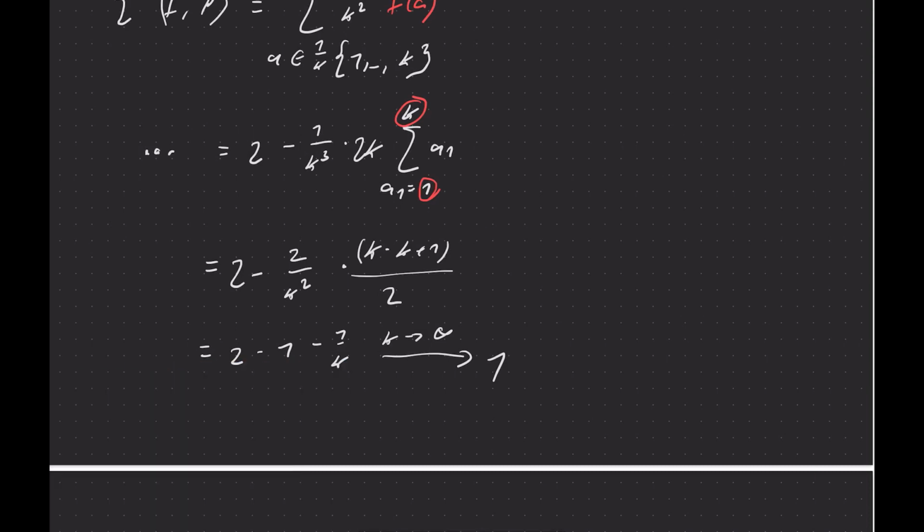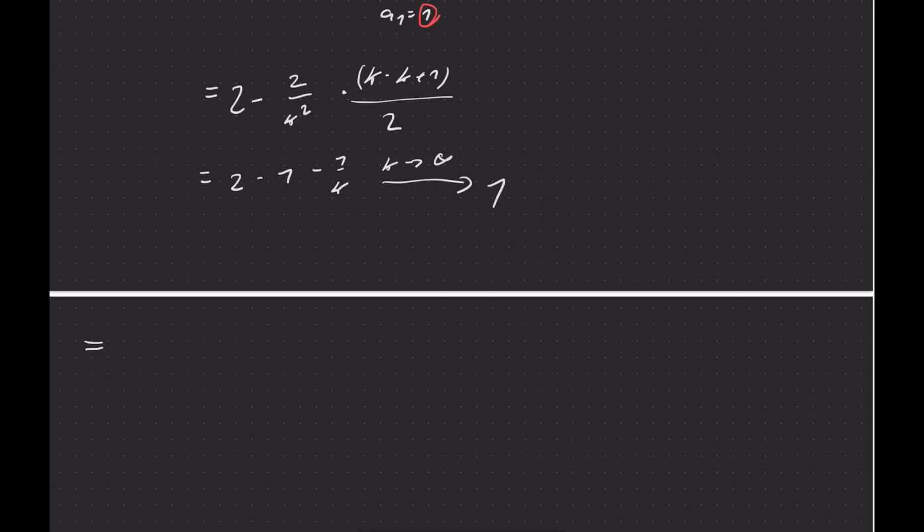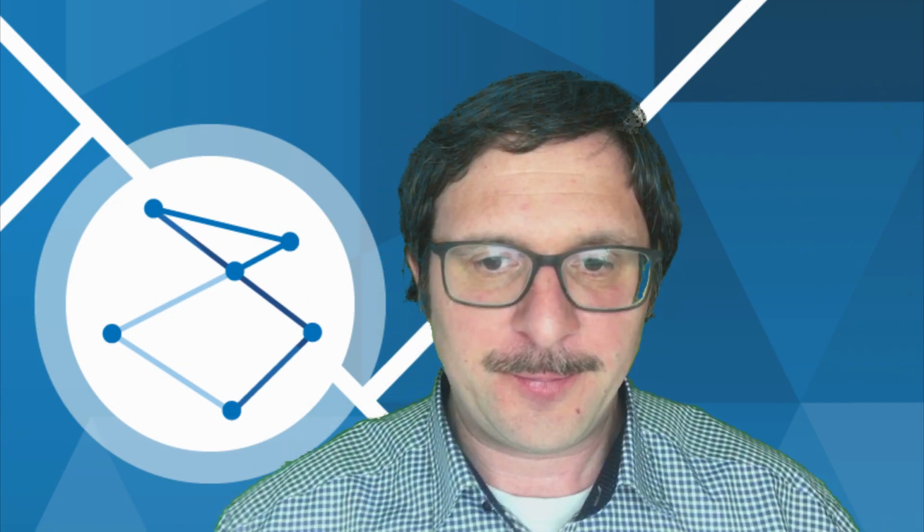Okay, so we have shown here, final result, that this integral over 2 minus x1 minus x2 dx1 dx2 over the box 0, 1 squared, this integral is equal to 1. So we've shown that in a very elementary way.